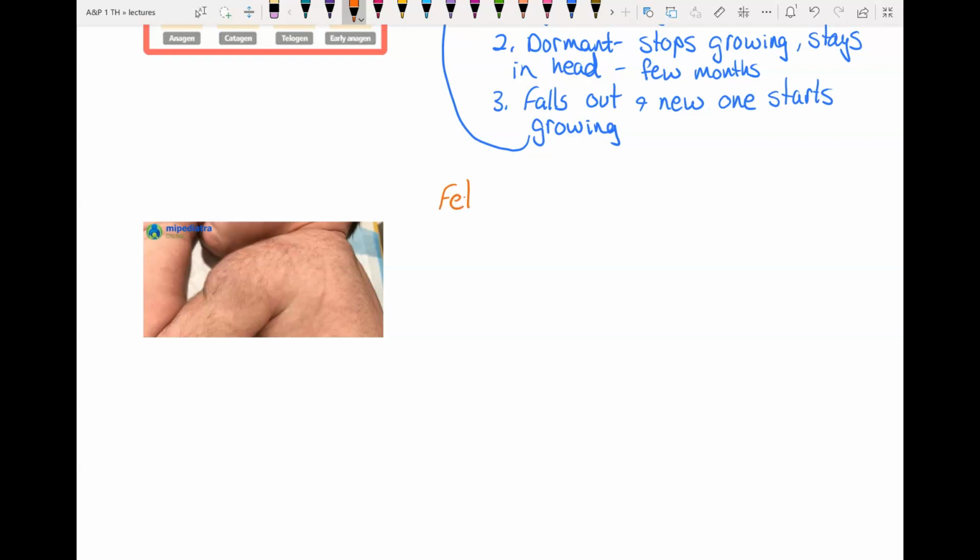So a fetus is actually covered in hair, almost kind of like an animal, like a little monkey would be covered in hair. And that hair is called lanugo. Most of this will fall out before they're born.